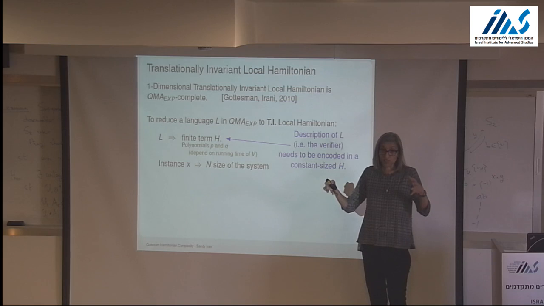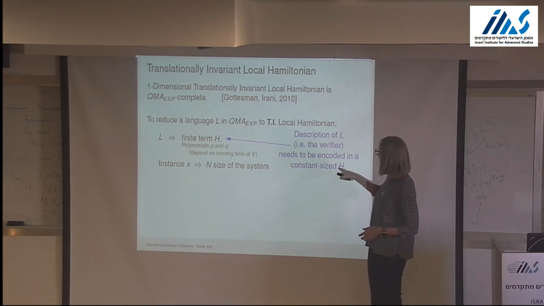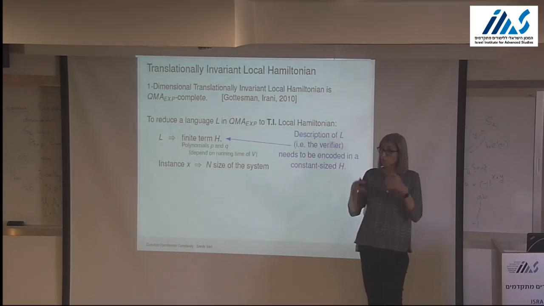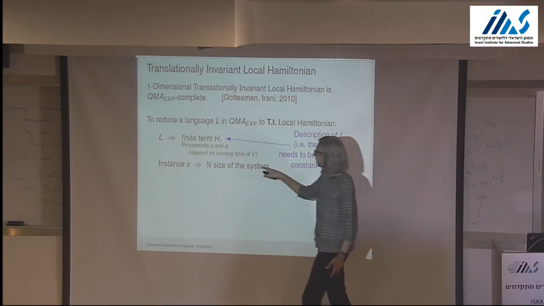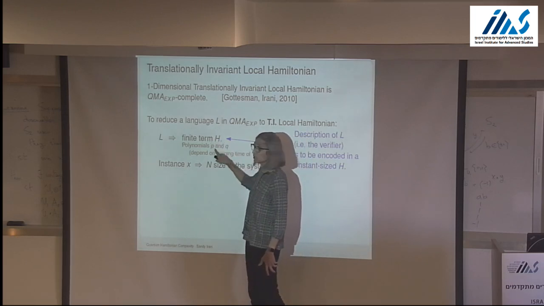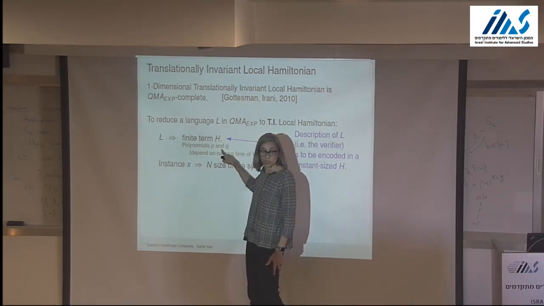They grow with the size of the input. Whereas Turing machines are a fixed description of the language. It's a finite thing. I set the rules of my Turing machine, and it works for any input of any size. And so that's why we had to move to a quantum Turing machine model, because we're encoding everything we know about the language in this finite Hamiltonian term.